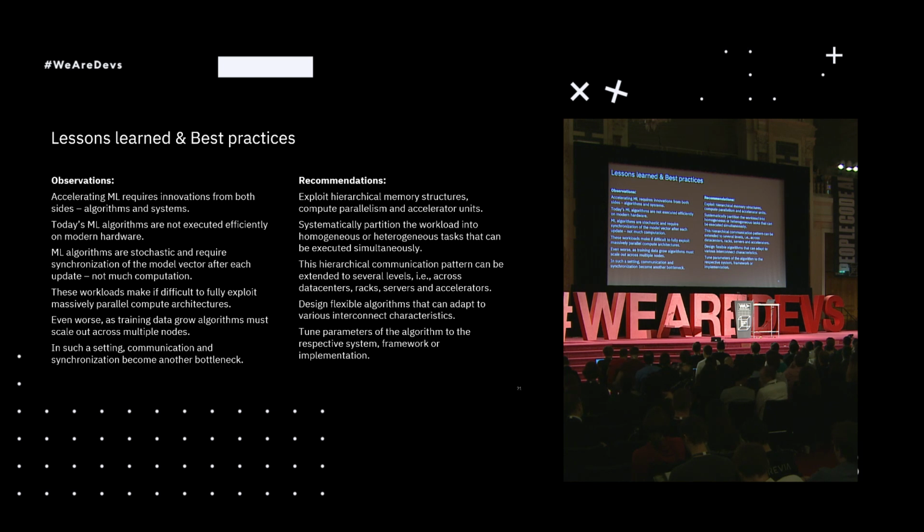Today, mostly the libraries that train machine learning models are not executed efficiently on modern hardware. At least that's what we feel. And this is because, as we said before, these algorithms are highly stochastic in nature, and they require communication after doing some computation locally.